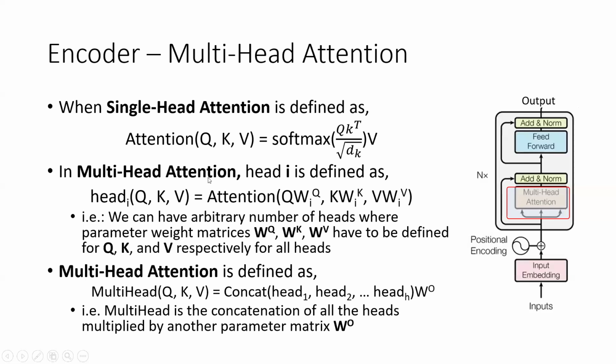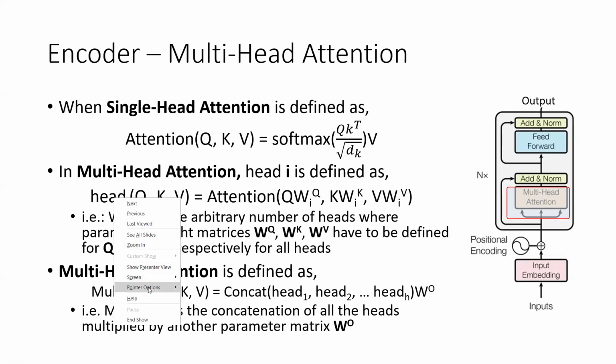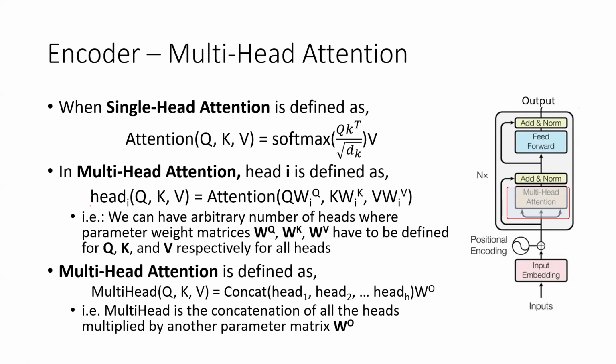So multi-head attention is a generic form of single head attention, where you can represent the single head attention with head i, like this. With this head i, you can have the single attention for a particular q, k, and v value, right?